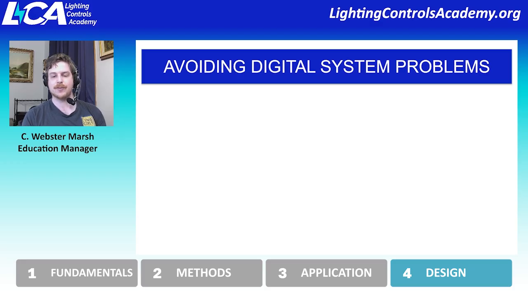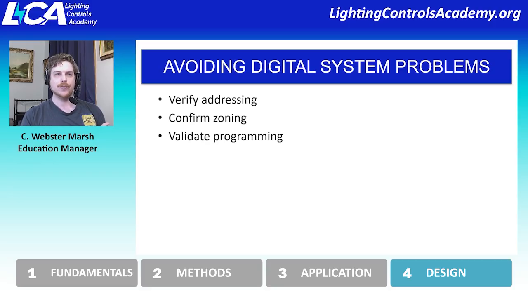Avoiding digital system problems is much more about addressing the zoning and programming for those systems and making sure that they are correctly done. It's less about the actual hardware and more about the software running, but also just making sure that network communication is complete.